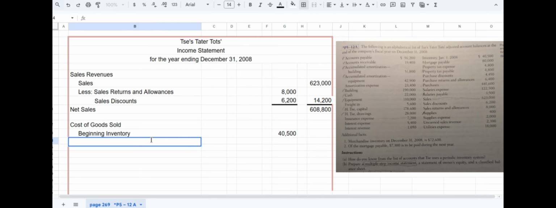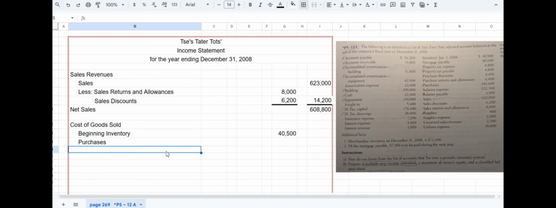Next, we have purchases, which is kind of like the merchandise inventory. And in this question, there's 441,600. And this goes in the second column because we need to subtract the purchase returns and allowances as well as the purchase discounts to get the net purchases.